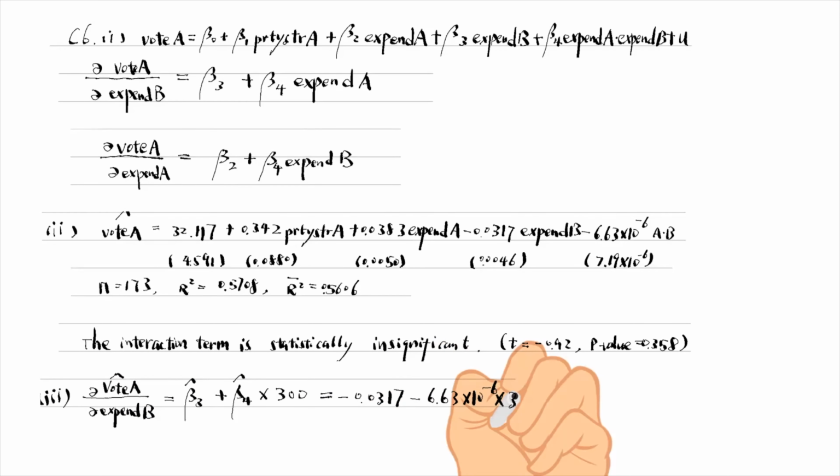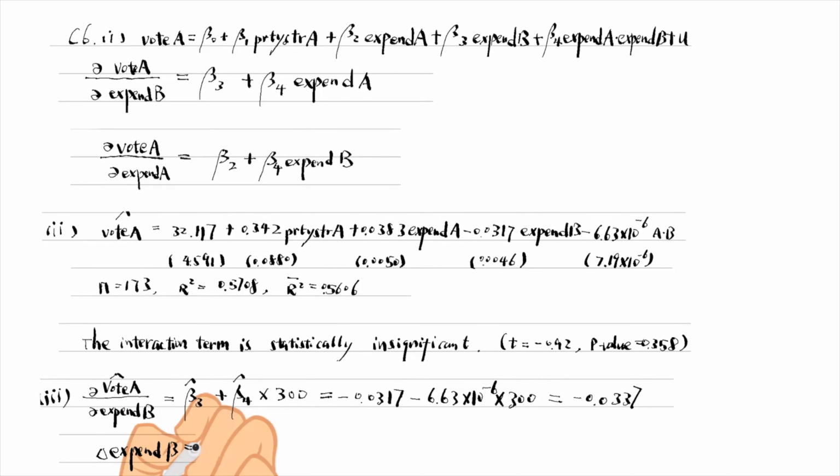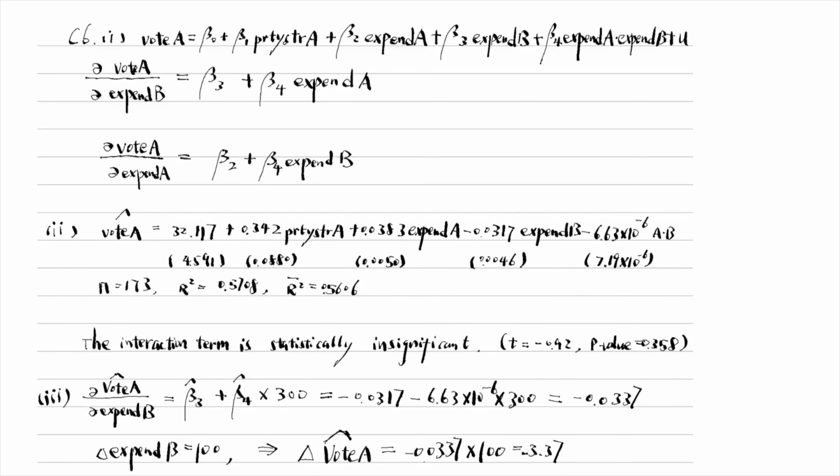We plug in the value of 300 and find the marginal effect of candidate B's spending on vote A at this point, minus 0.0337. For $100,000 spent by B, the estimated effect is minus 3.37. It implies that candidate A's vote drops by 3.37% if the rival spends another $100,000 on the campaign when A's spending is fixed at $300,000. It is a fairly large effect.